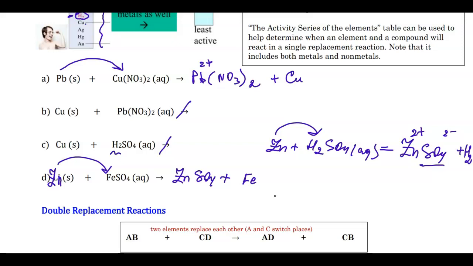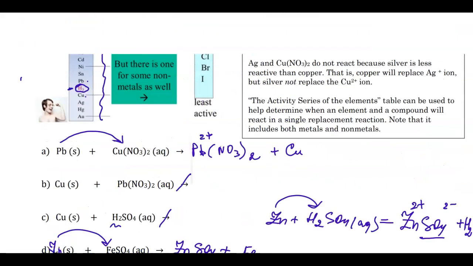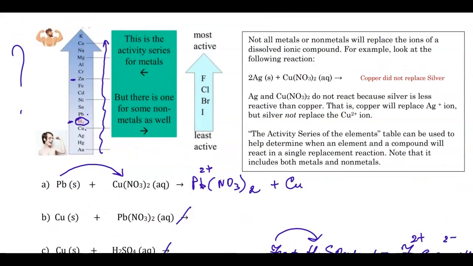Okay. Why you cannot use metals from potassium? Lithium will be here because the lithium is not in this chart, right?